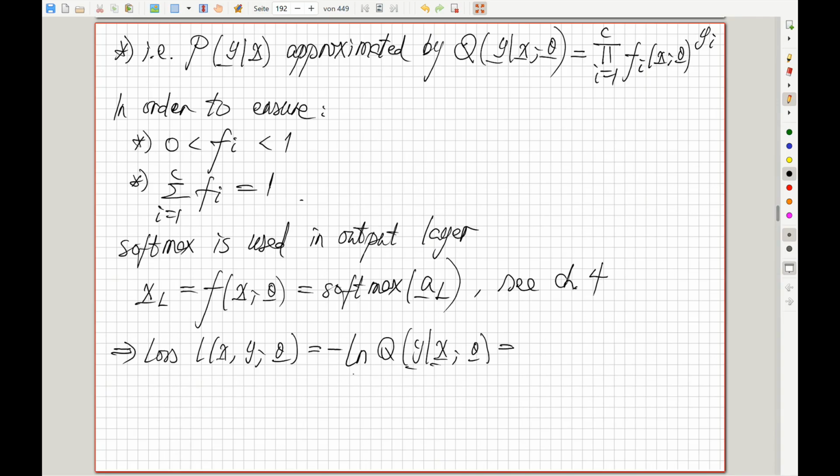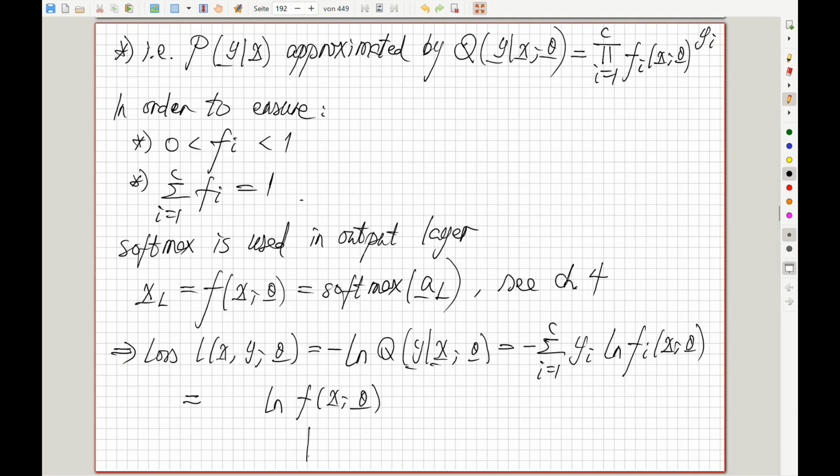We have a log function, we have a product, and the log function changes the product to a sum. We have minus the sum over C classes of yi, the ith element of the class label. Since we use one-hot coding, yi can be 0 or 1, times the log of the ith output f_i of x and theta. I prefer to use a short notation, namely f denotes the vector output for a particular input, and we apply the log function element-wise to the vector output.